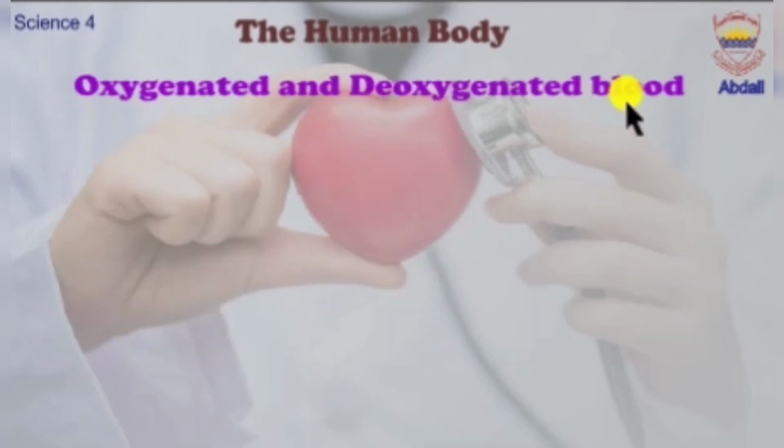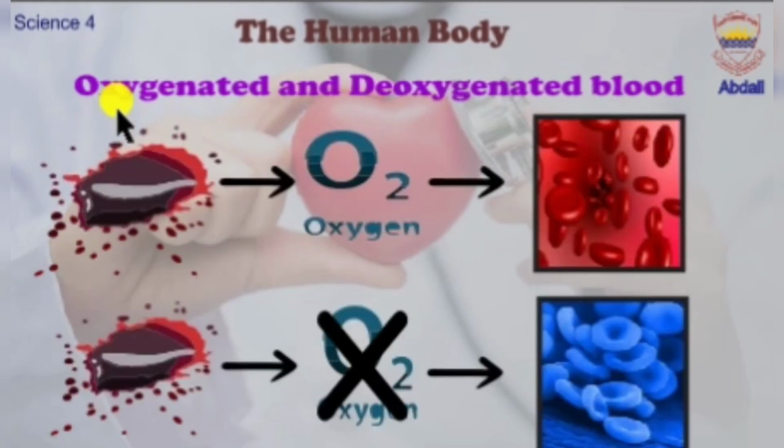Oxygenated and deoxygenated blood. Oxygenated blood has oxygen and is always red in color, while deoxygenated blood is without oxygen and is always blue in color.